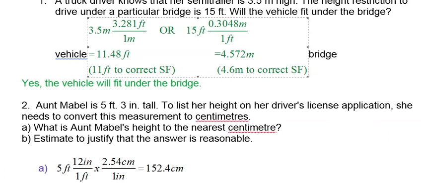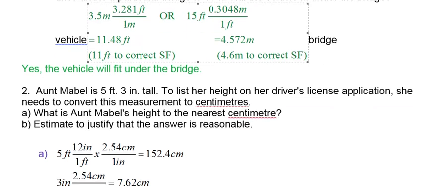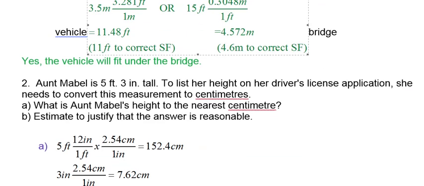I may have had a conversion that went all the way from feet to centimeters, but we can do it in 2 steps, we can do it in 1, doesn't matter. So feet cancels feet, inches cancels inches. The 5 feet portion of her height works out to 152.4 centimeters, but she's not just 5 feet tall, she's also 5 feet 3 inches. So we take her 3 inches and figure that one out in centimeters.